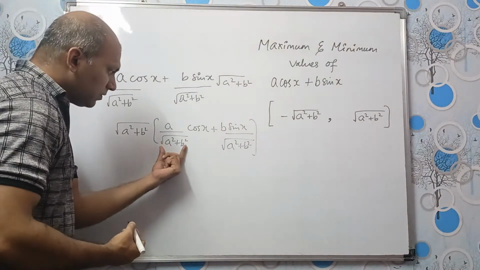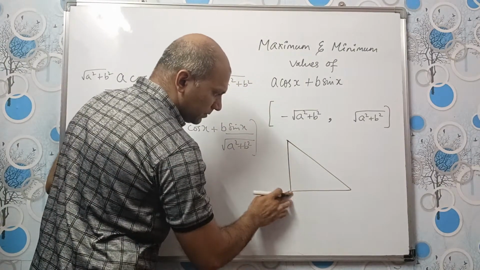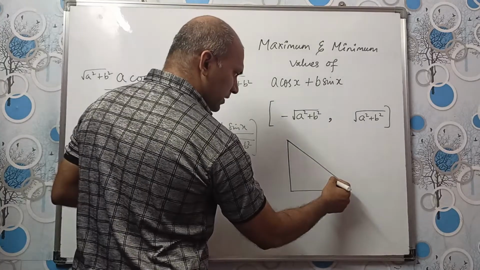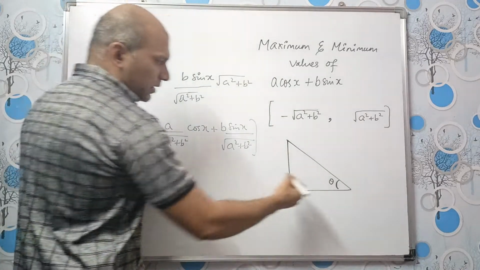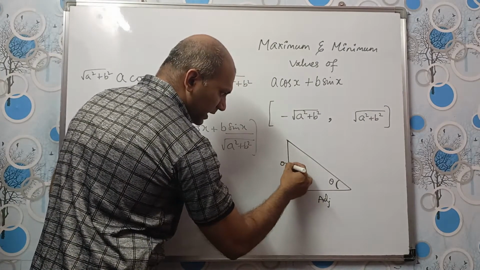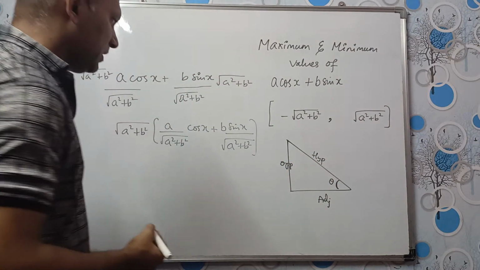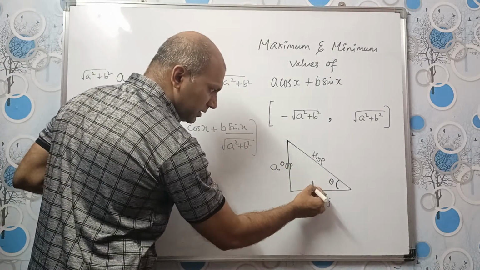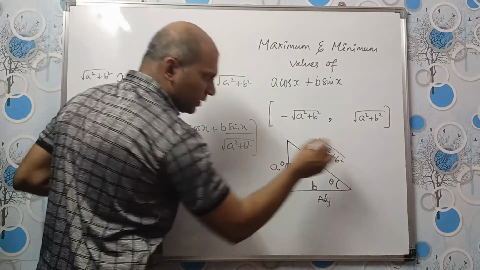So what is this? If you take a right angle triangle, and let this angle be some angle theta, this is the adjacent side, this is the opposite side, and this is the hypotenuse. If you take the opposite side as a and the adjacent side as b, the hypotenuse will be root of a square plus b square.